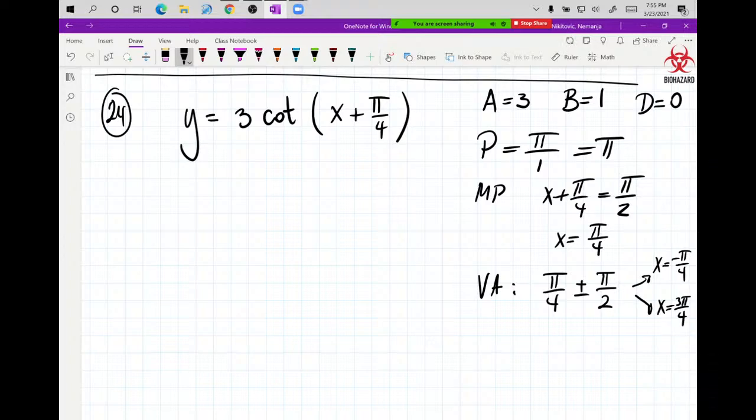We already had these asymptotes before. Again, we don't care that they are quarters or thirds or whatever. We are just counting tick marks. One tick mark to the left for negative pi over 4 and 3 tick marks to the right for 3 pi over 4. So we don't have to freak out on those.